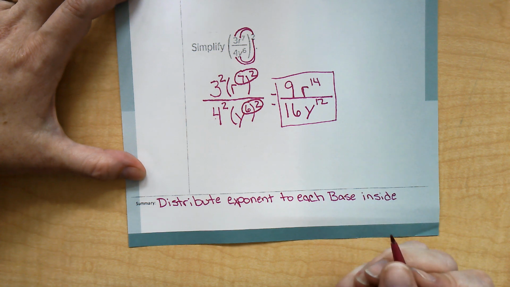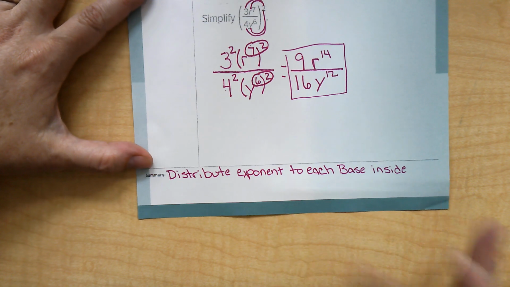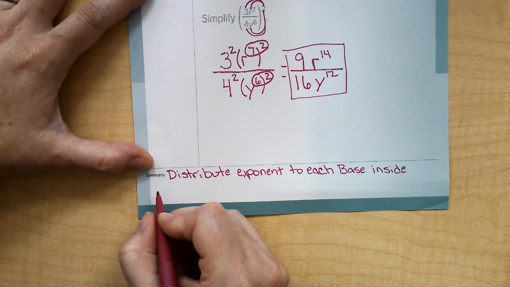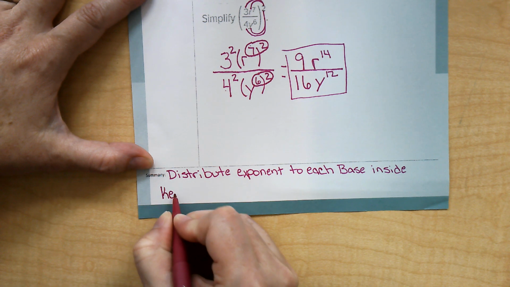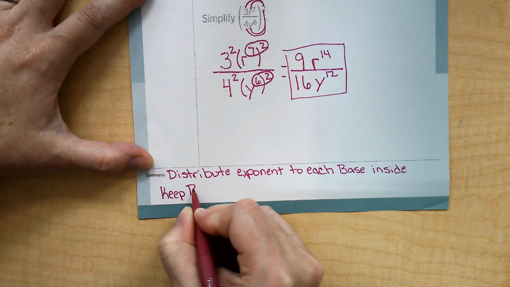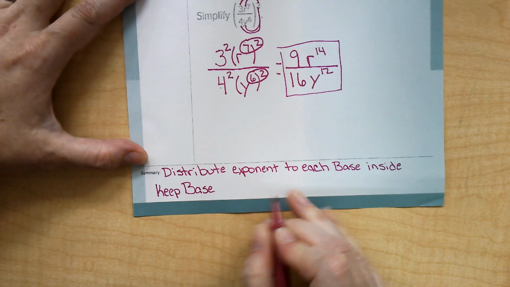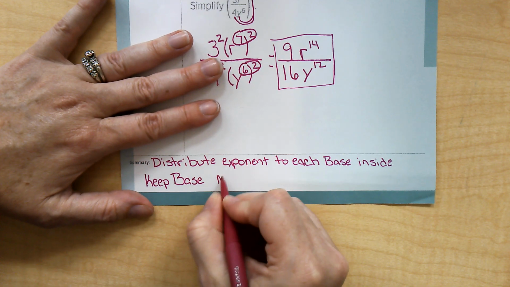After you do that, we do have to simplify it, so we will keep each of those bases. We will multiply those exponents.